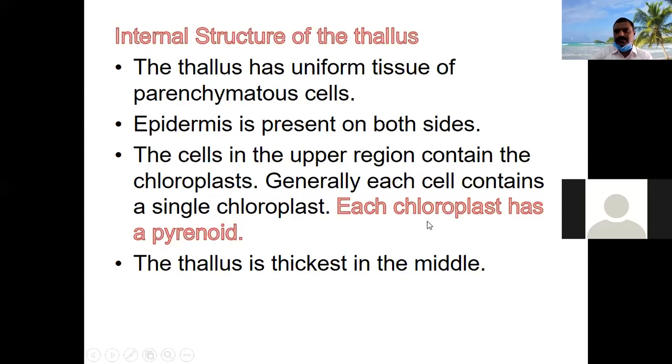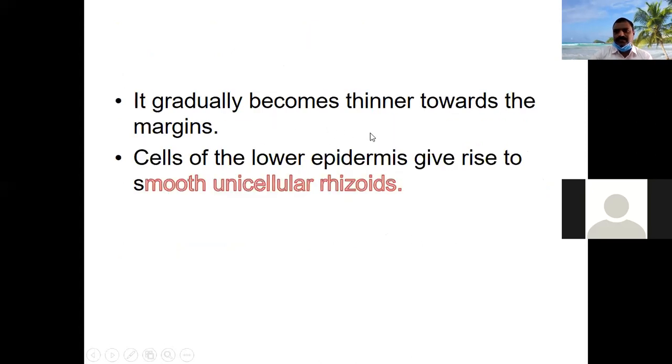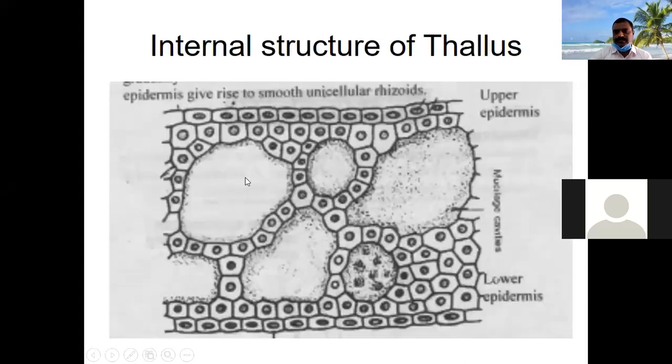As I told you, this parenchymatous tissue consists of mucilaginous cavities. In some of these mucilaginous cavities, you can see Nostoc colonies, which are blue-green algae, cyanobacteria, showing a symbiotic association with the Anthoceros thallus.